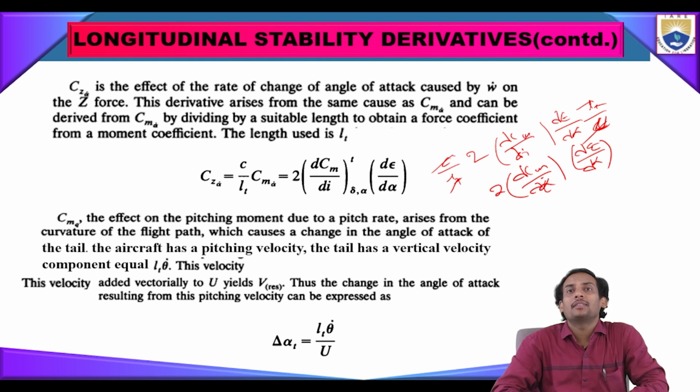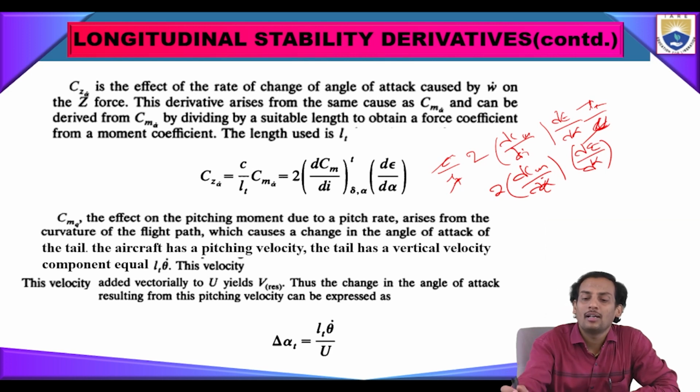So the aircraft has a pitching velocity and the tail will have a vertical velocity component equal to lt theta dot. So the velocity u we can write like V resultant, and the rate of change of angle of attack resulting from pitching motion can be expressed as delta alpha t.